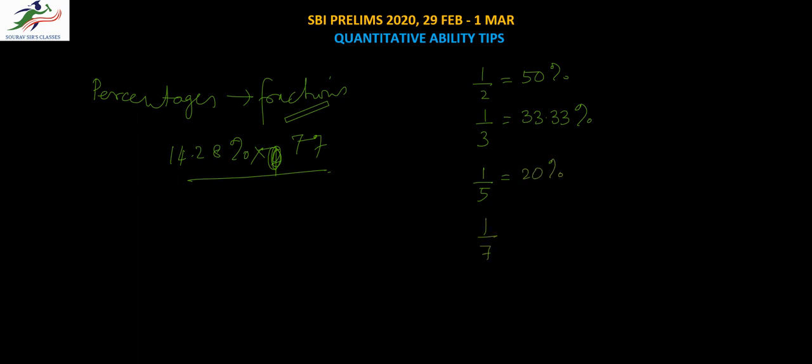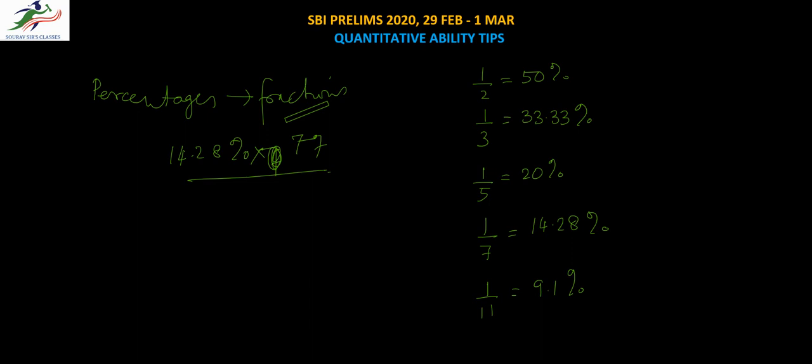Fourth is 1/7 means 14.28%. And fifth is 1/11 means 9.1%. So these are the 5 conversions that you have to remember. Rest of the conversions can be derived from any of these.